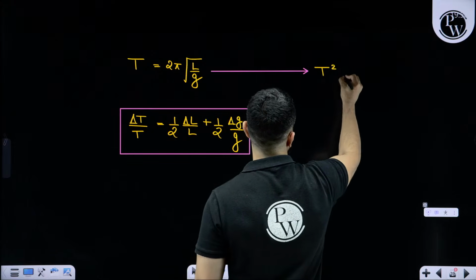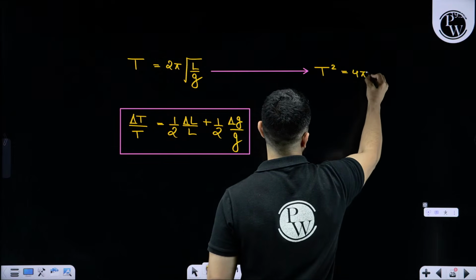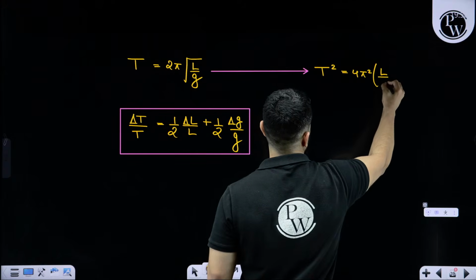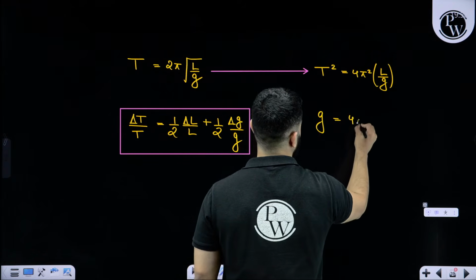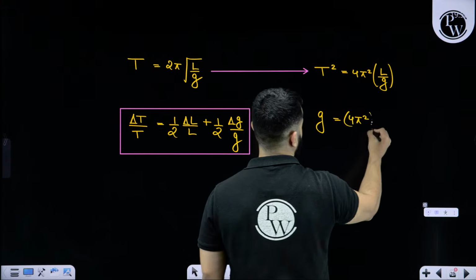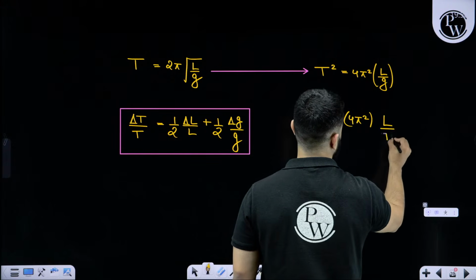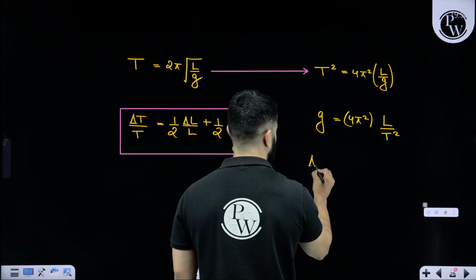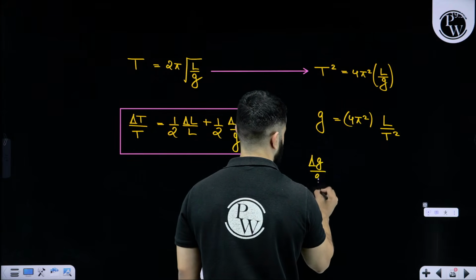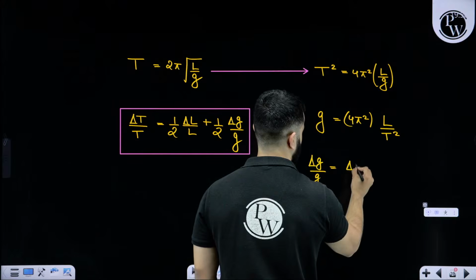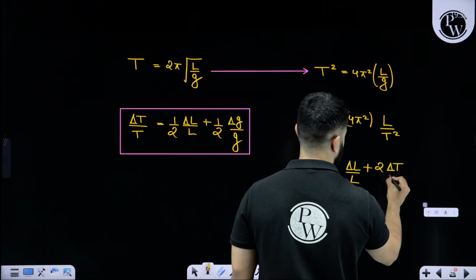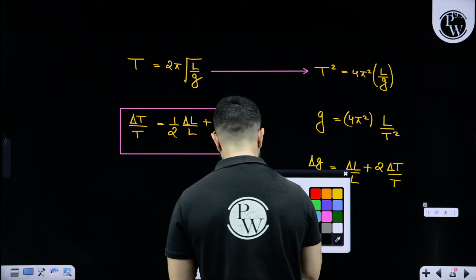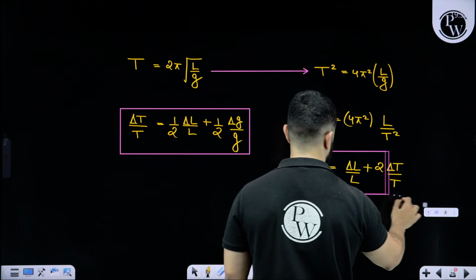So this will become T square equals 4 pi square L by G. Or if you want to make G the subject, it will become 4 pi square L divided by T square. So that means delta G upon G equals delta L upon L plus 2 times delta T upon T. Remember these few things. You can also get questions from here.